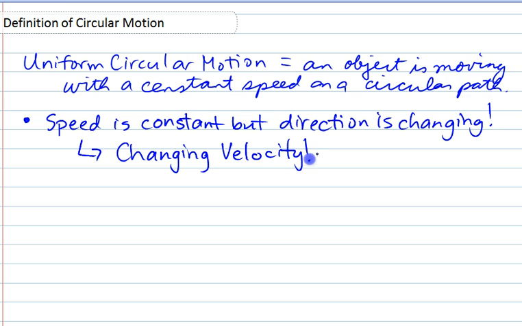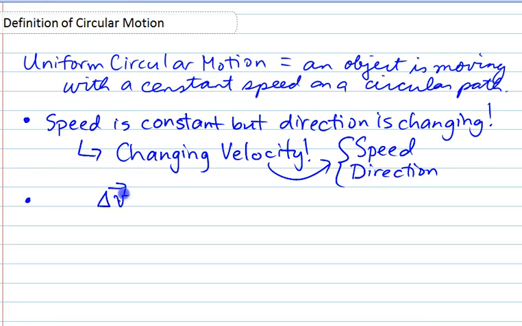Remember that velocity has two components, a magnitude, which we call speed, and a direction. And if I change either one of those, then I change my velocity. And of course, we know that if I change a velocity as time goes by, we call that acceleration.